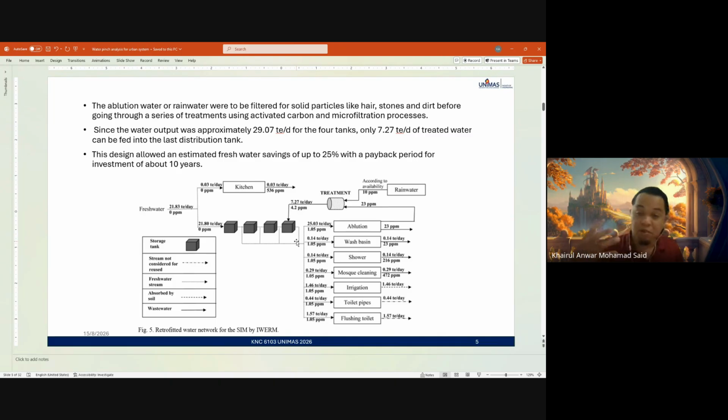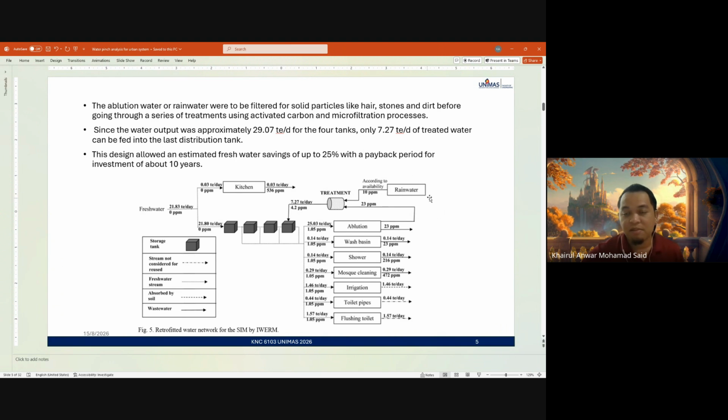So they proposed this idea in which they treated the ablution water, which goes to the treatment. This treatment consists of activated carbon and microfiltration.